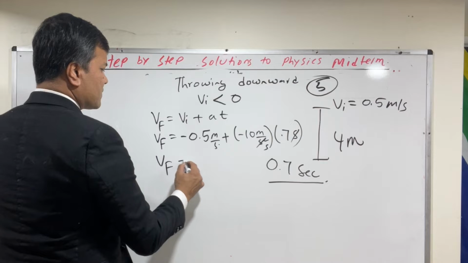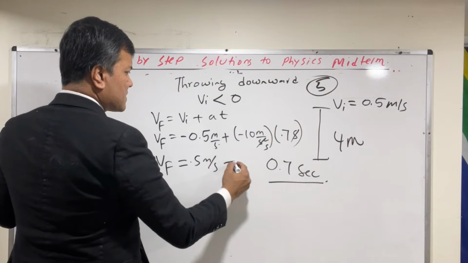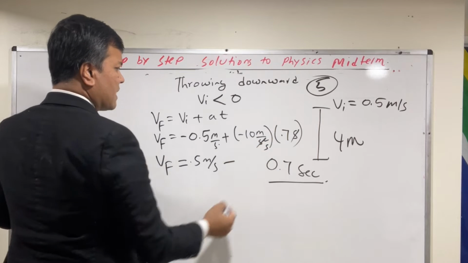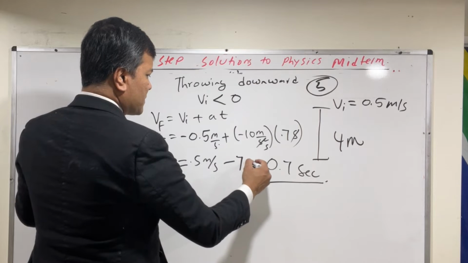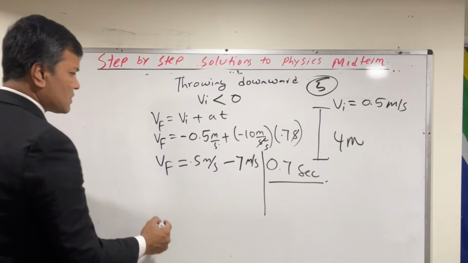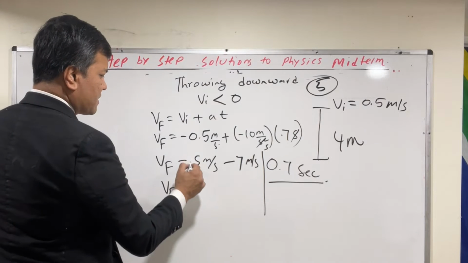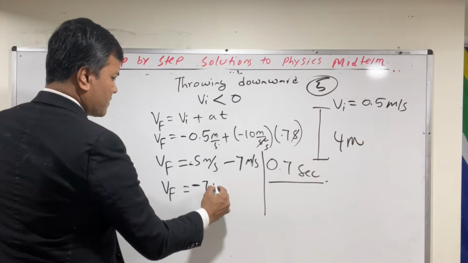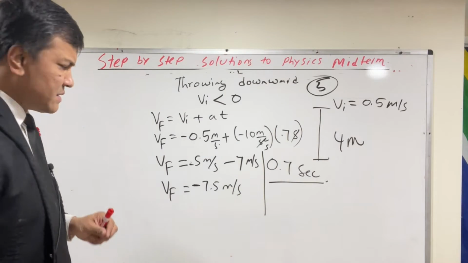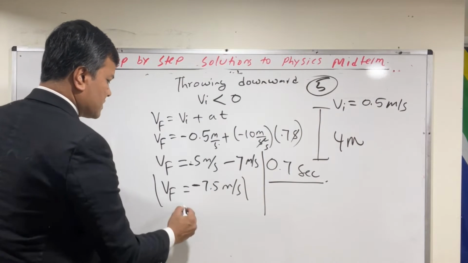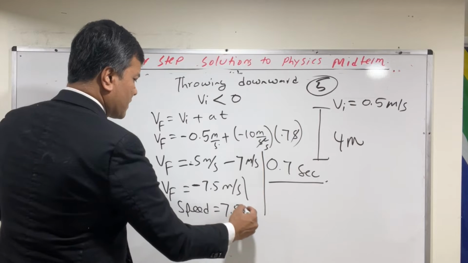So Vf is equal to, you have 0.5 meters per second minus 10 times 0.7, so you have just 7 meters per second. So Vf is negative 7.5 meters per second, and they ask you to find the speed. So you're going to make it a speed. So speed is, of course, you take the absolute value of 7.5 meters per second.